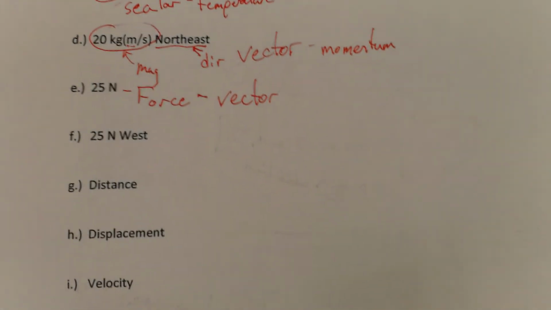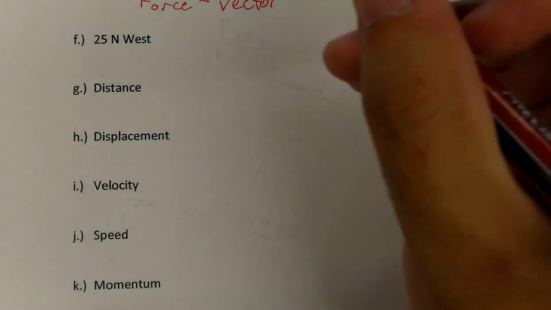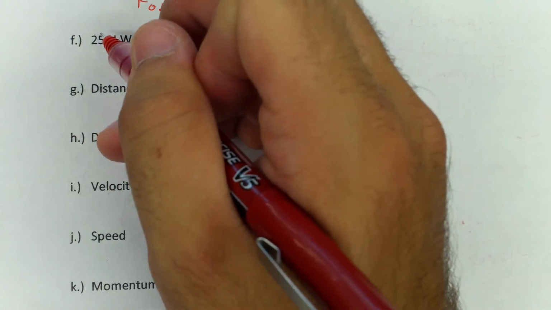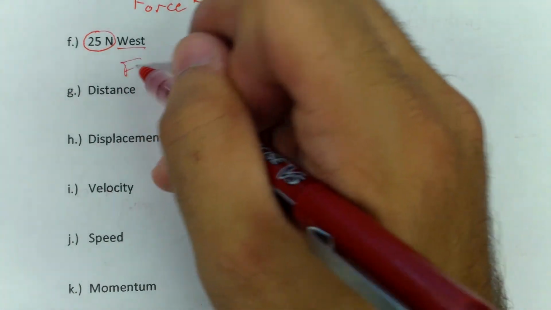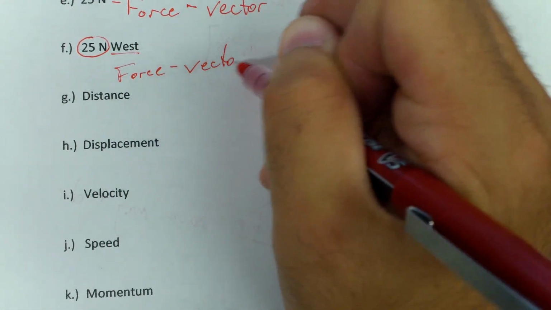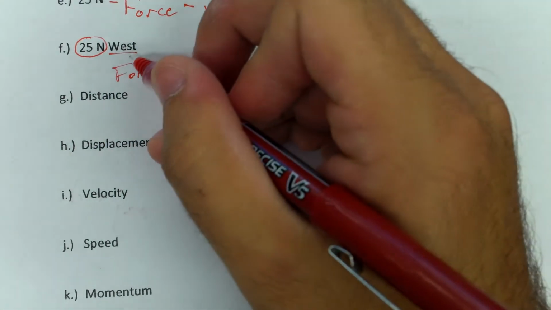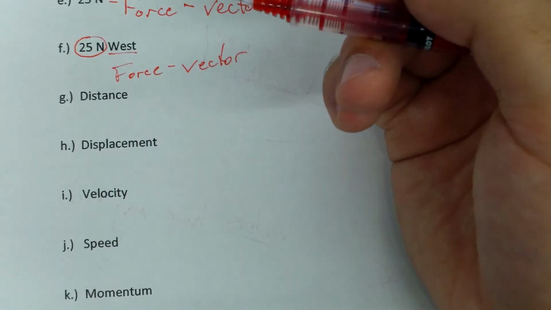Let's go down to the next piece. All right, part F. We have 25 newtons west. So again, we have a magnitude and a direction. This is still a force. This is still a vector. Okay, just a little bit extra information, this specific direction that this force is pushing or pulling.